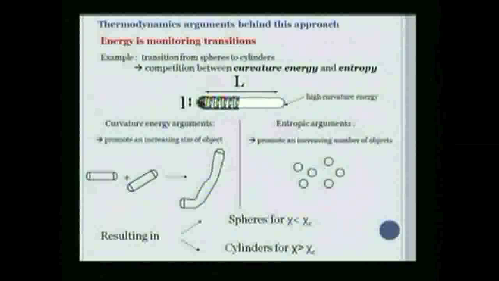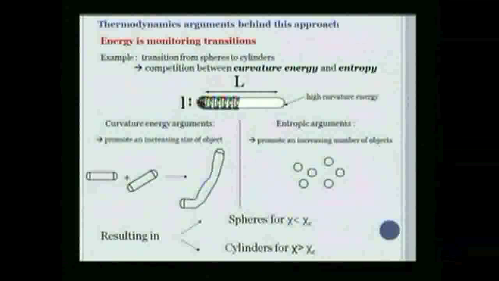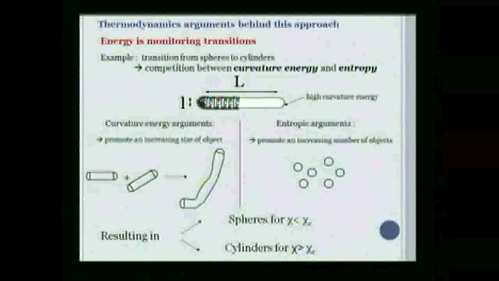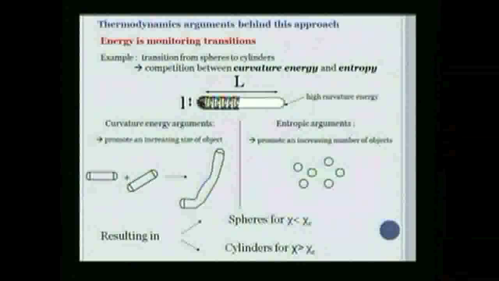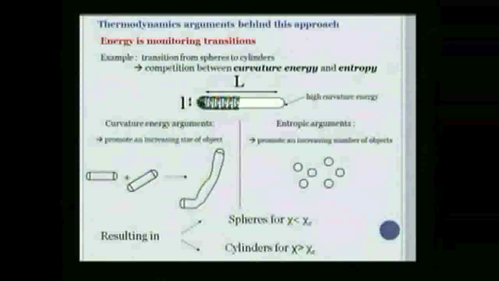So, of course, if we follow only this argument, the system will make a giant, infinite cylinder. If you have small spheres, you put two spheres together, you make a small cylinder. Then you make bigger cylinders, and so on. If you only follow this curvature energy argument, you make infinite cylinders.